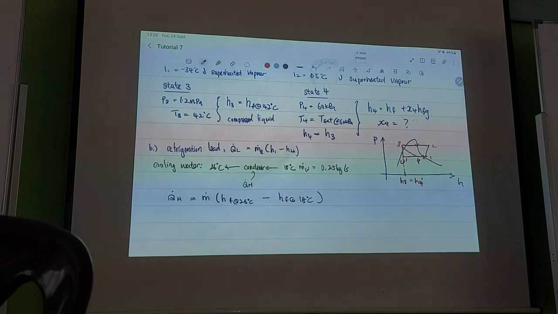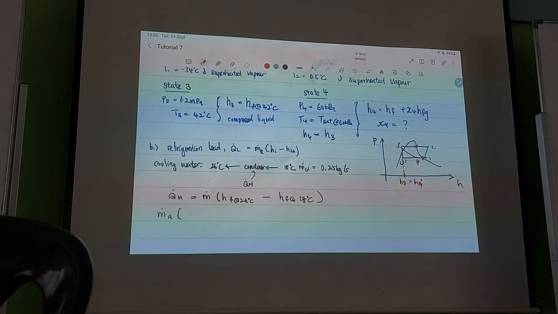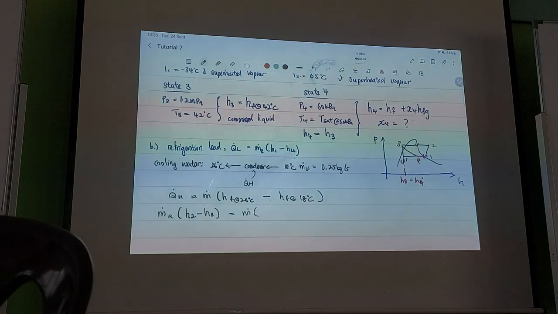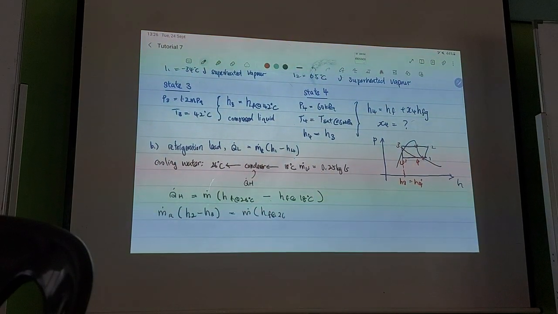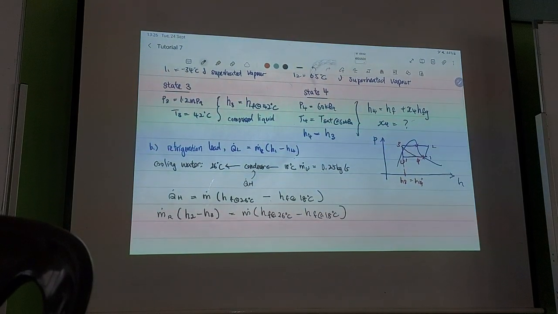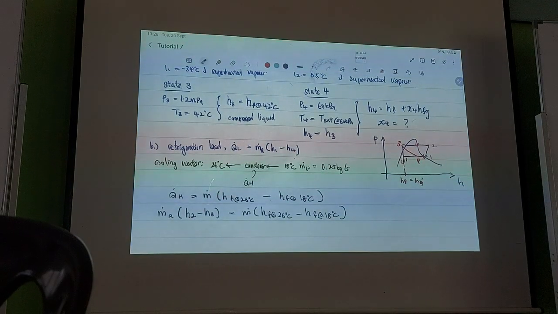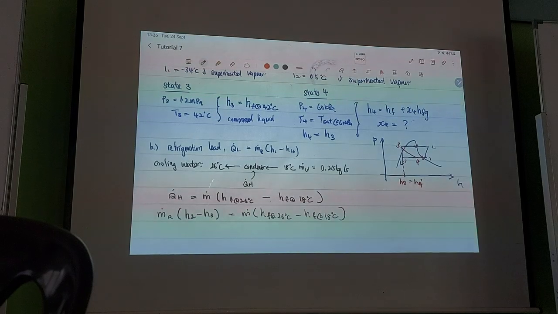We further expand this, so this becomes m dot of the refrigerant times H2 minus H3 equals m dot of water times HF at 26 degrees Celsius minus HF at 18 degrees Celsius. You need to go to the table to look for them. We have H2 and H3 from the previous section, so now you need the HF of the water, the cooling water.